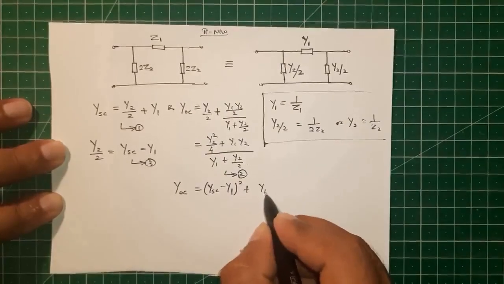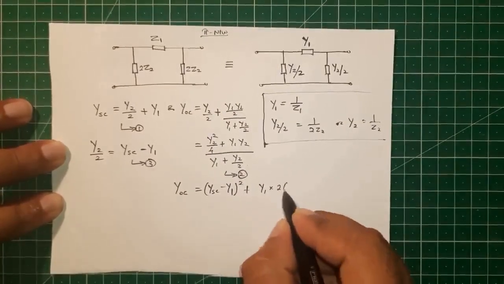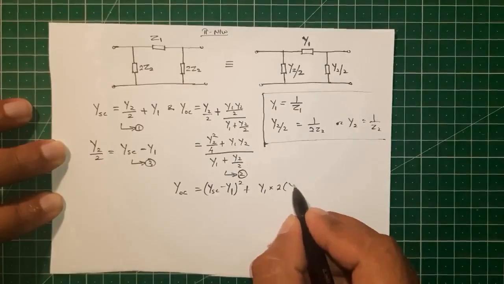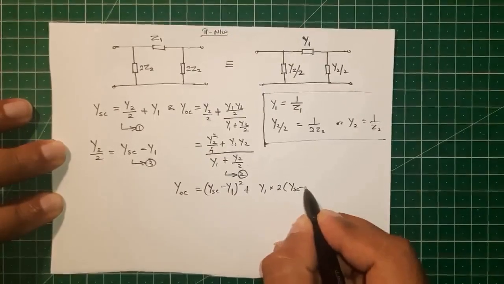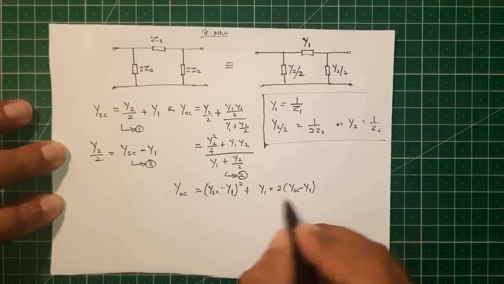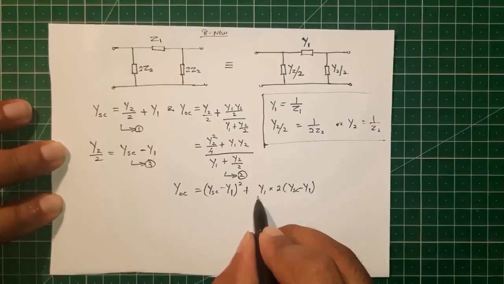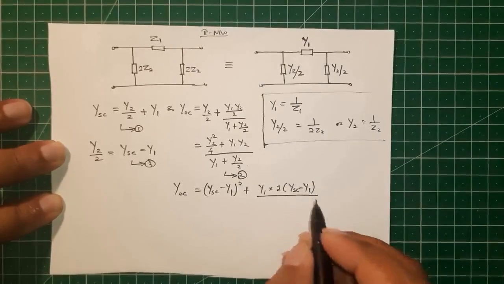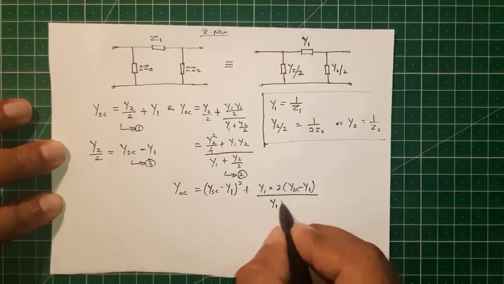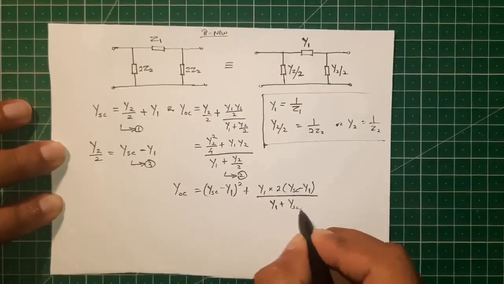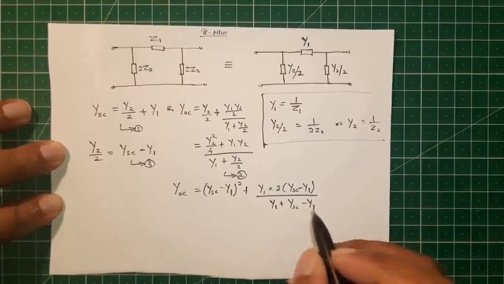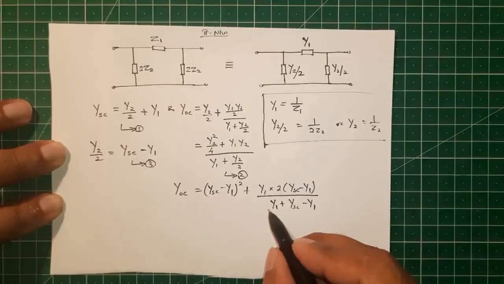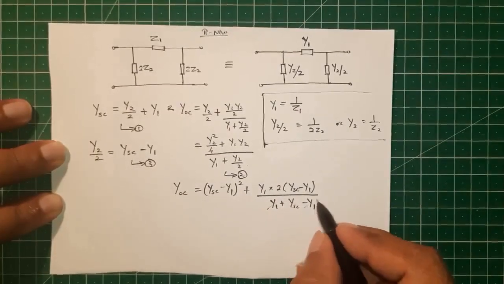So we have Y1 into twice of YSC minus Y1, divided by Y1 plus YSC minus Y1. We can cancel out certain terms like this.